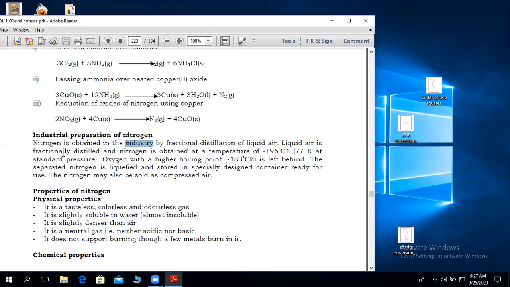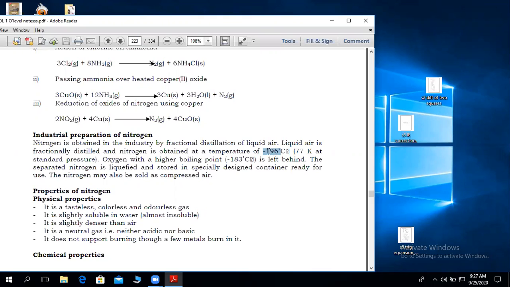Liquid air is fractionally distilled, and nitrogen is obtained at a temperature of negative 196 degrees centigrade. Oxygen with higher boiling point is left behind. Oxygen has a boiling point of negative 183, and nitrogen has a boiling point of negative 196.